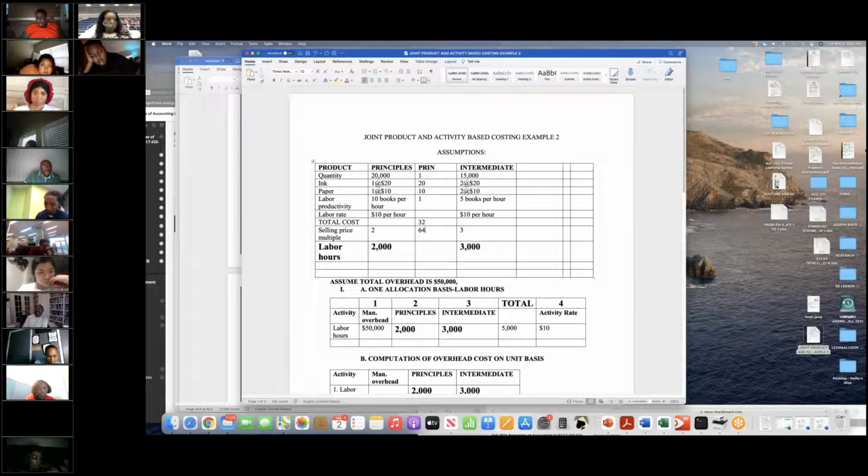How do we get $74? It's $40 for the ink, $20 for the paper, and the labor rate is 2. $64.